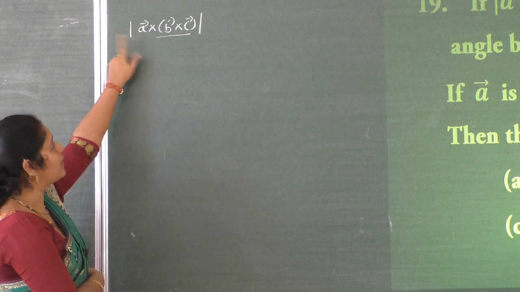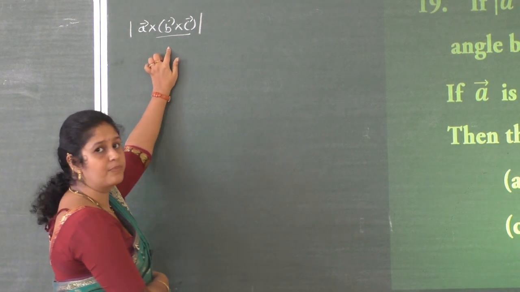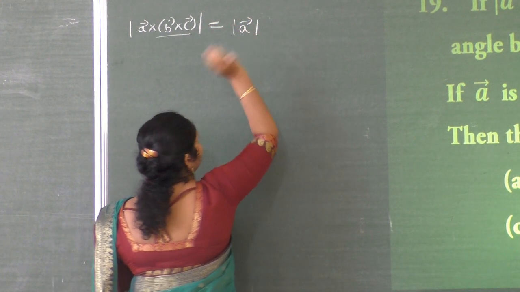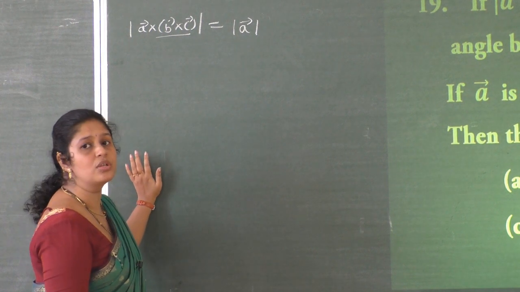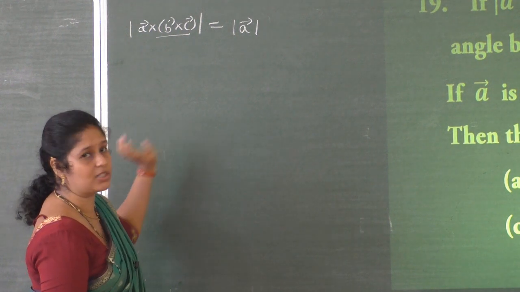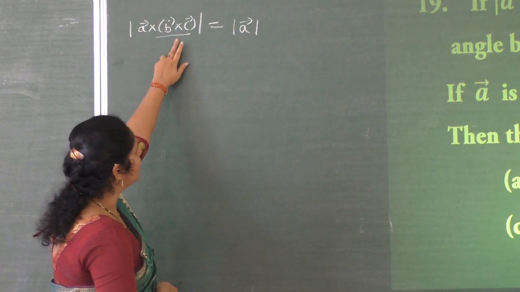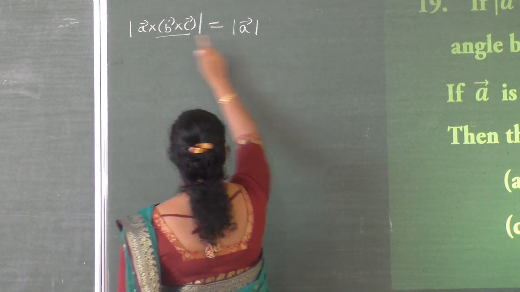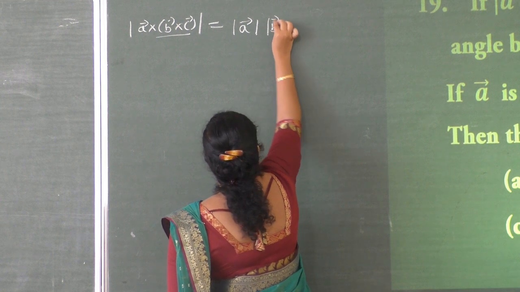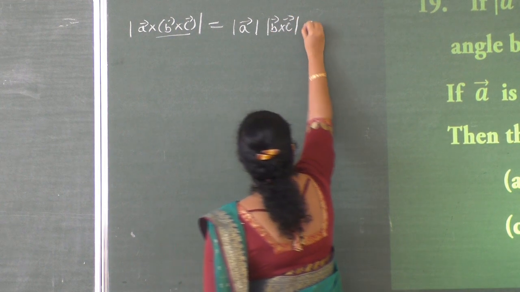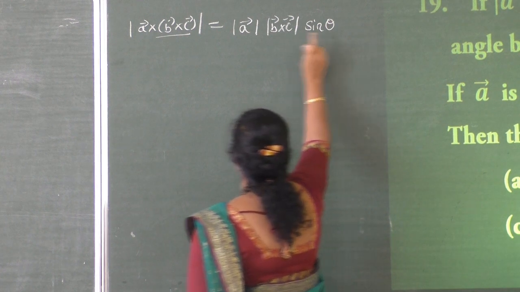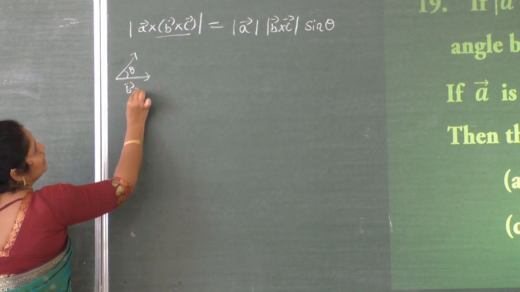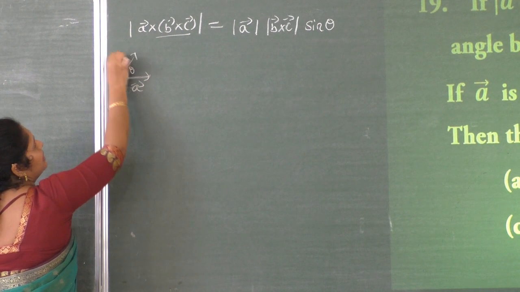The magnitude of vector A cross vector B means magnitude of vector A into magnitude of vector B into sin theta, where theta is the angle between vector A and vector B. Here in the place of the second vector I have vector B cross vector C. So it is the first vector's magnitude into the second vector's magnitude into sin theta, where theta is the angle between vector A and vector B cross vector C.